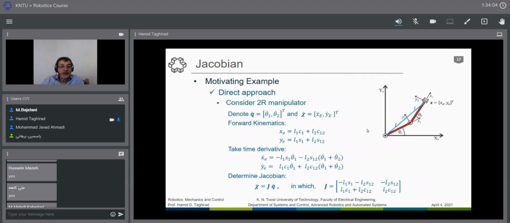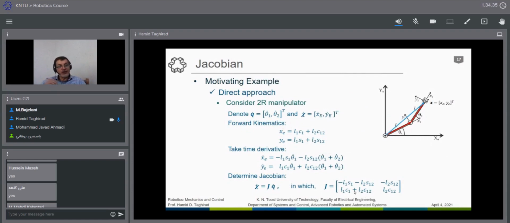So the first way to do that is to find the forward kinematics, take the derivative, and find the Jacobian matrix on top of that. But this is not usually simple. To find the Jacobian, we might find a simpler way to do that. Of course, in the books, especially Craig's book, they like to do that in an iterative way. I don't like that.